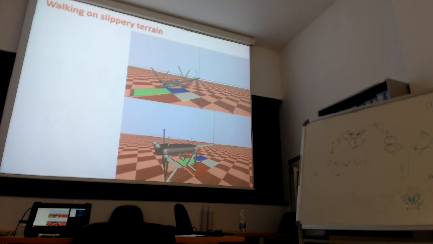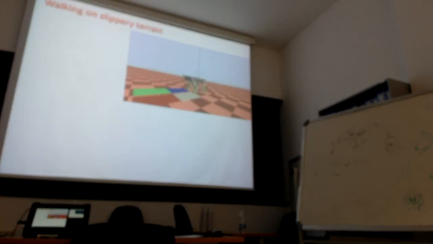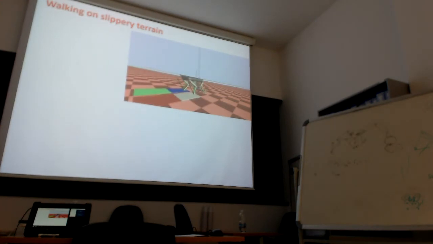I wrote a paper on that, on how to estimate for slip detection and estimation. That allows to online estimate the friction coefficient and even the normal.